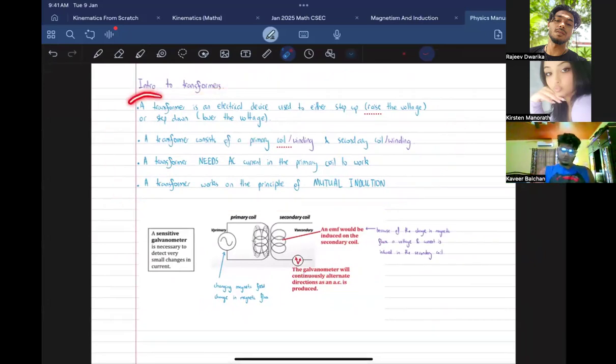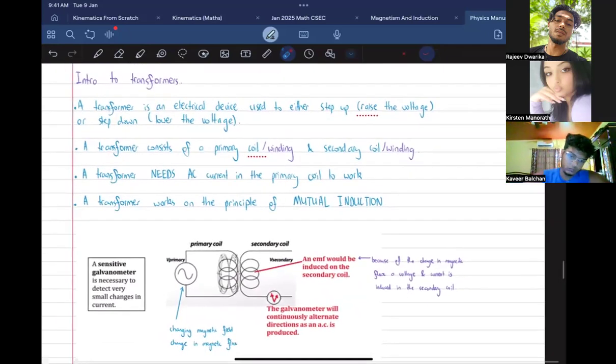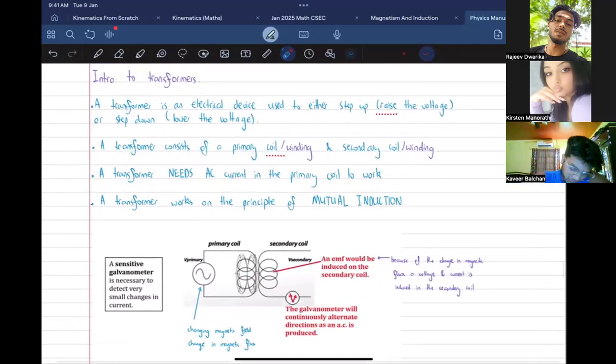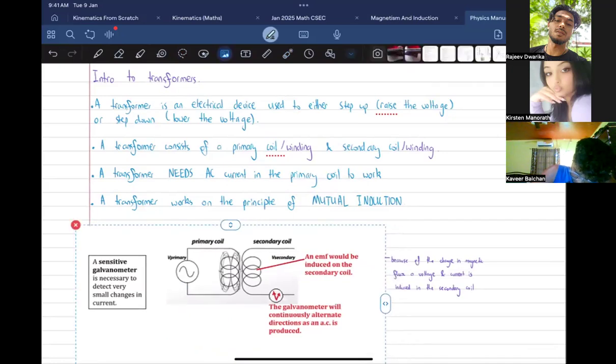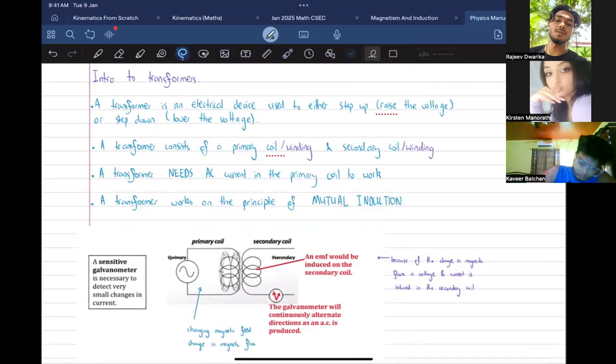Kirsten, did you get a chance to copy this down? I almost finished, but I take a picture first, so I write it down after class. Okay, copy it down one time. Do what you have to do one time, so you don't have to be bothered by it after class.